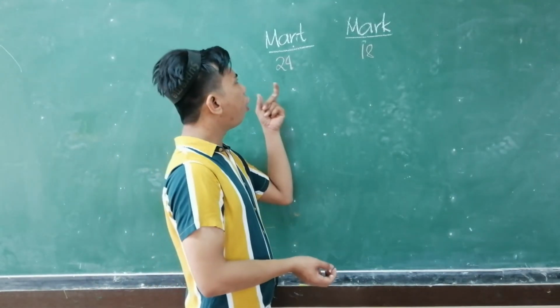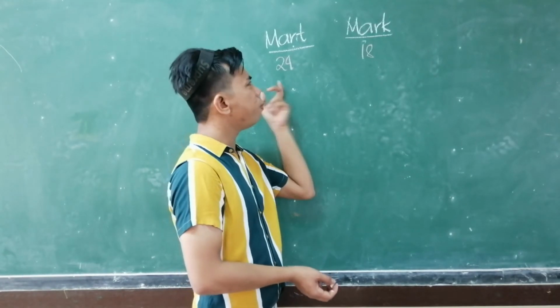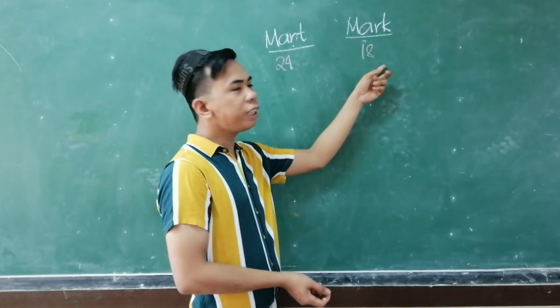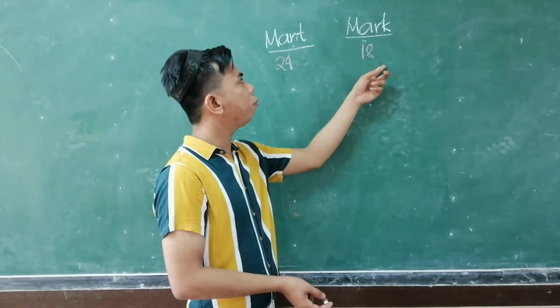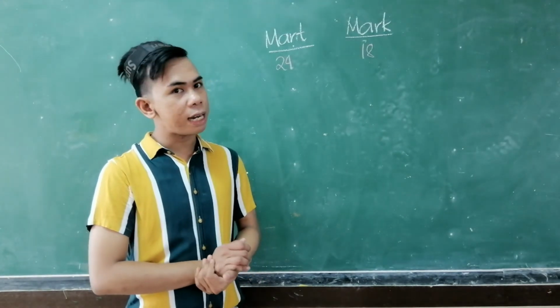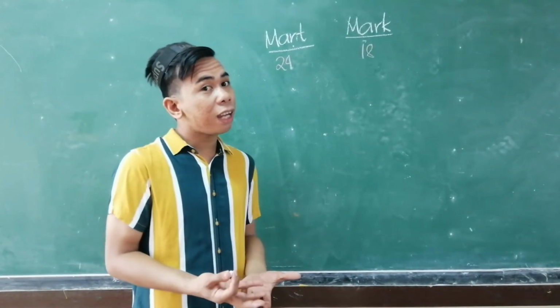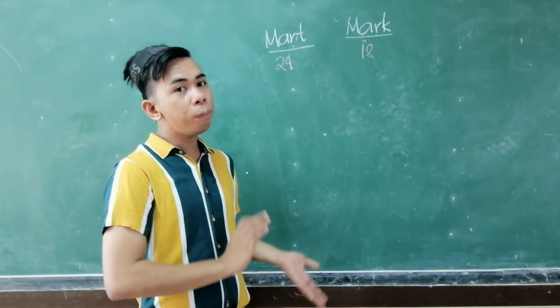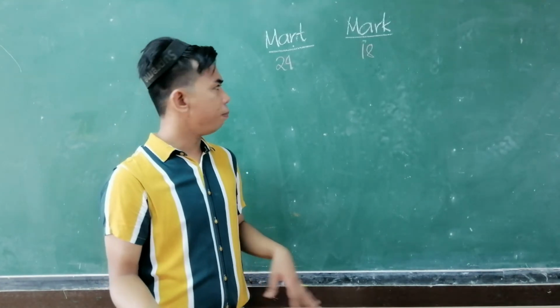Okay? So if Mark has 24 gummy bears and 18 candy bars for Mark, we can use the greatest common divisor to group them equally, so that each bag contains the same amount of gummy bears and candy bars.